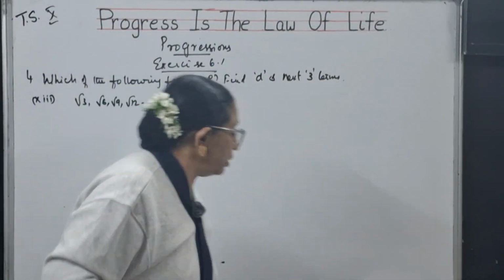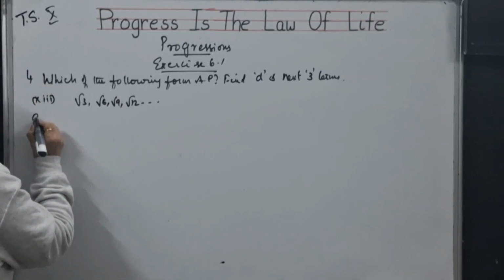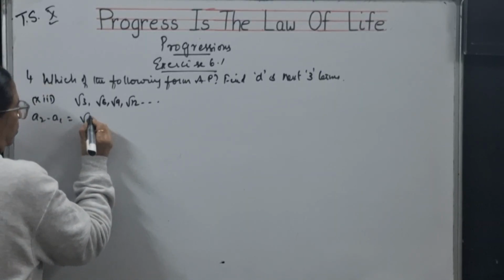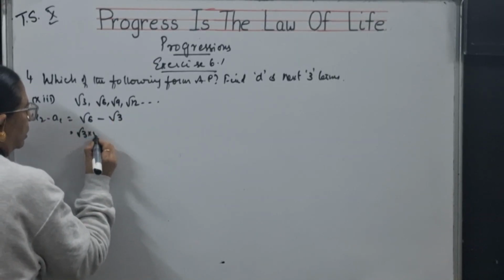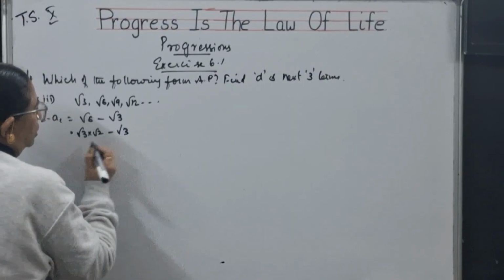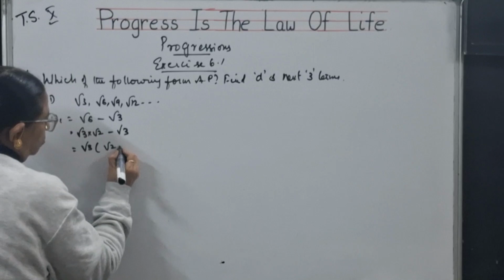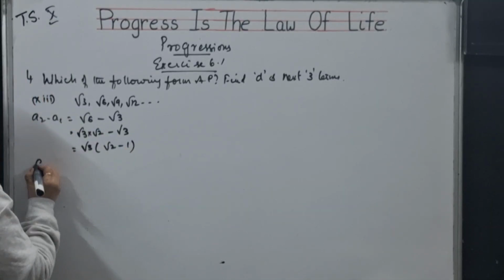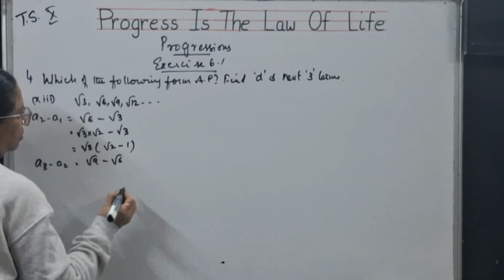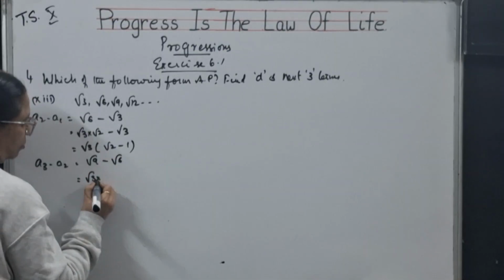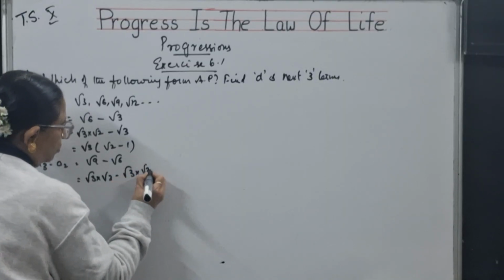Now 13th bit, children. 13th bit is root 3, root 6, root 9, root 12, so on. So A2 minus A1 is root 6 minus root 3. You can write root 6 as root 3 into root 2 minus root 3. That means root 3 is common into root 2 minus 1, you have got it. Now A3 minus A2 is root 9 minus root 6. Root 9 can be written as root 3 into root 3, minus root 6 can be written as root 3 into root 2.